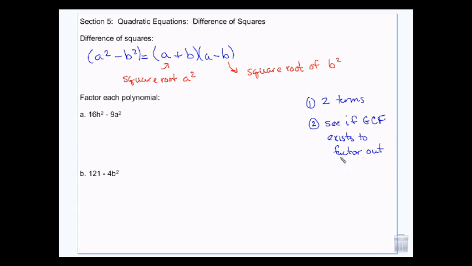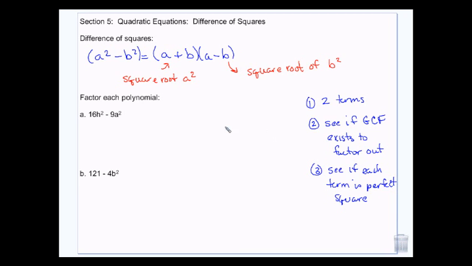Once we've seen if there's a GCF that exists, we factor it out. Step 3 is to see if each term is a perfect square.